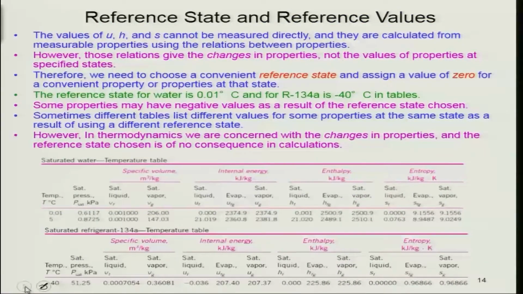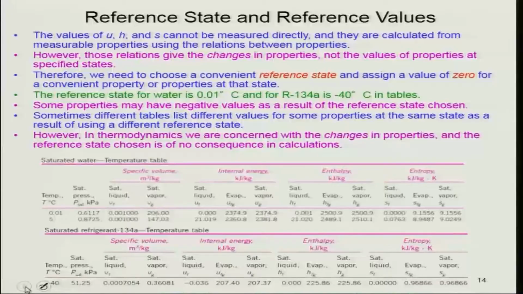So let's end this specific lecture by looking at the reference state and reference values. Typically all the properties listed in the tables, particularly specific volume, pressure and temperature, are very well measurable properties in the experiment. But internal energy, enthalpy, entropy are not.